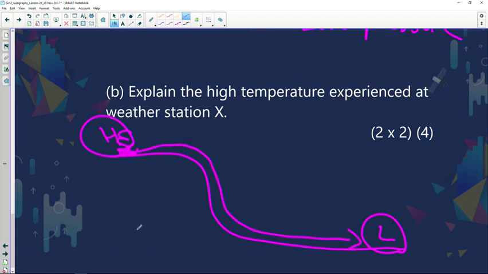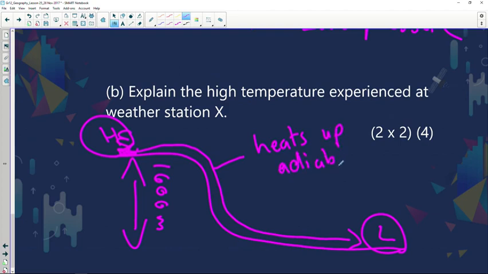Keep in mind, this escarpment is roughly 1,600 meters above sea level. Now, when you move down the escarpment, the temperature is going to increase. It's descending air, and we say it heats up adiabatically.